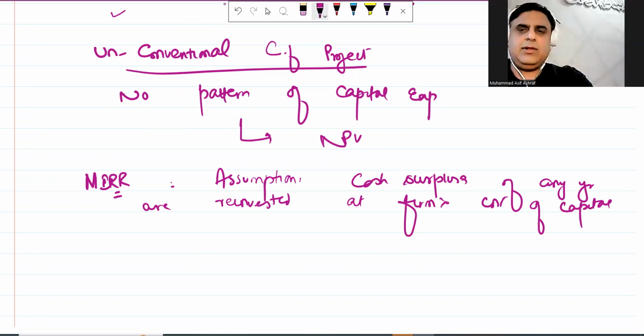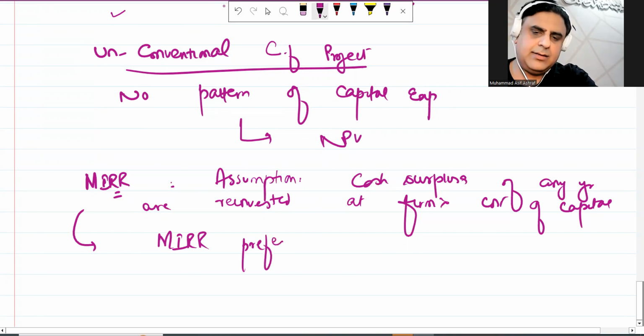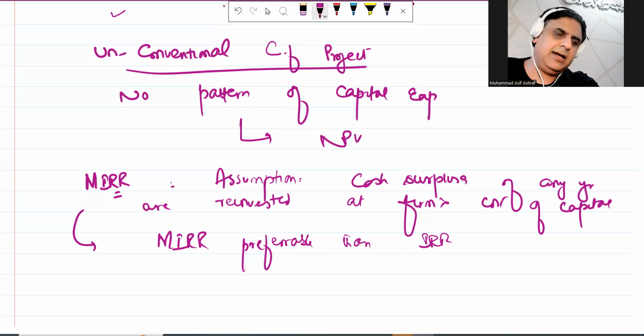IRR has the assumption that all the cash flows will be reinvested at the IRR, which is not possible. It is not possible to reinvest the cash flows at the project's return again. It is possible that you will invest the surplus in your business and at least earn the cost of capital. So that is why we can say that MIRR is preferable to IRR.